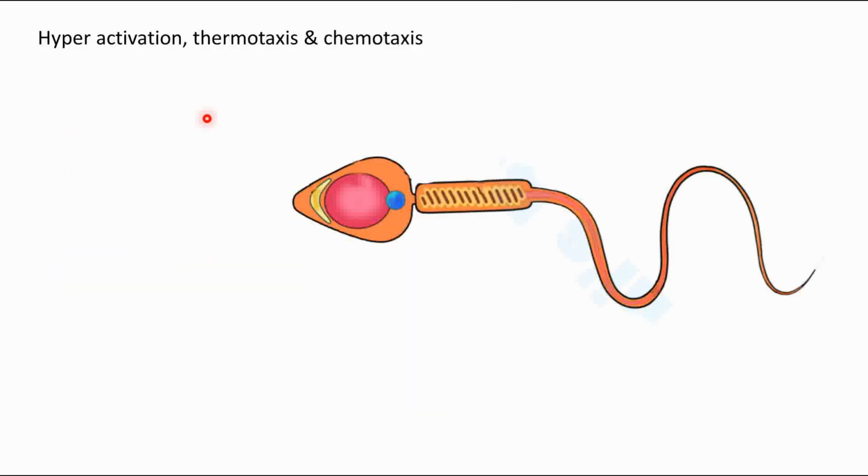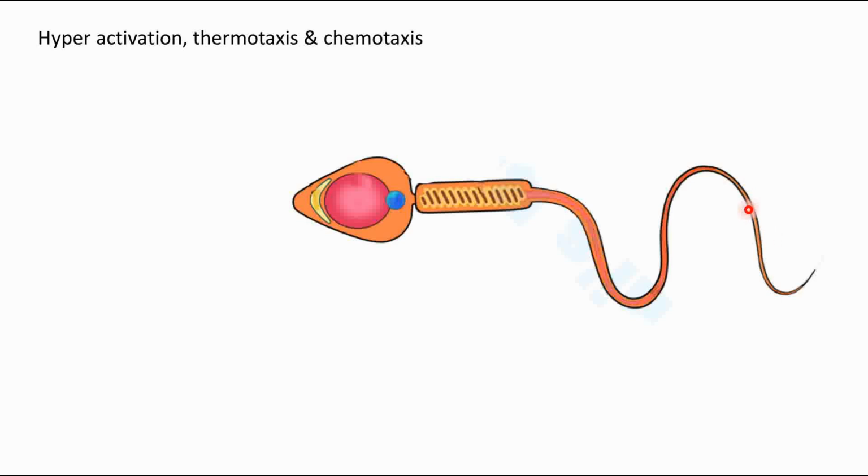Next, I am going to tell you what happens to the sperm after attaining capacitation. The sperm becomes hyperactive. How does it become hyperactive? Because of the opening of certain sperm-specific calcium ion channels present in its tail.